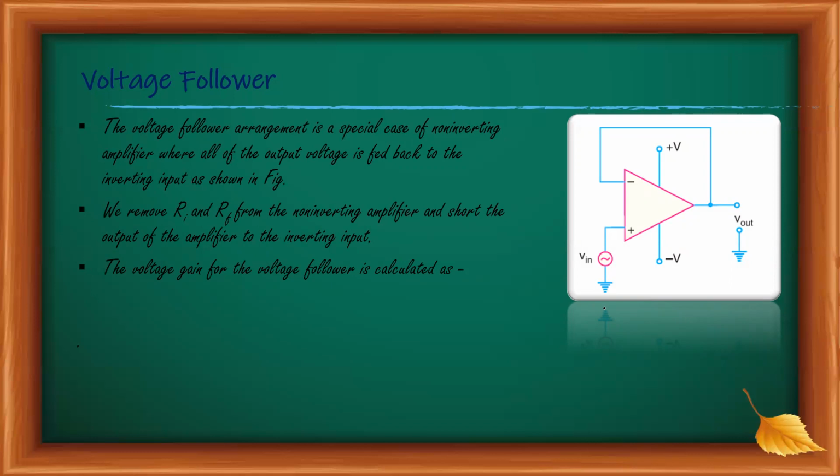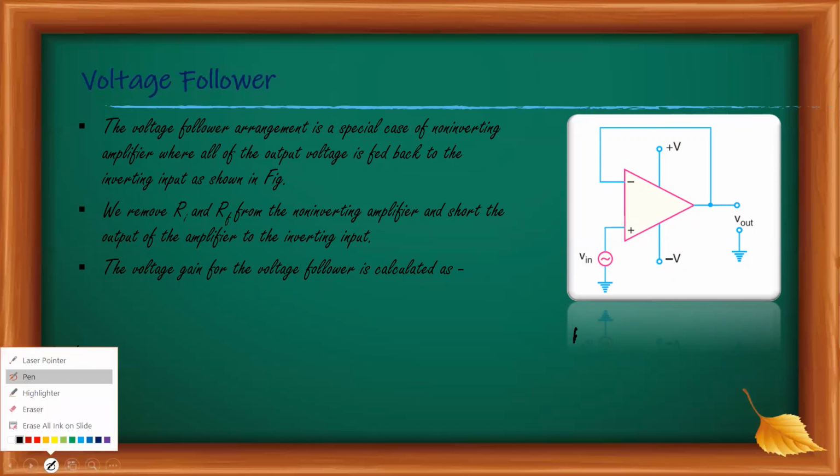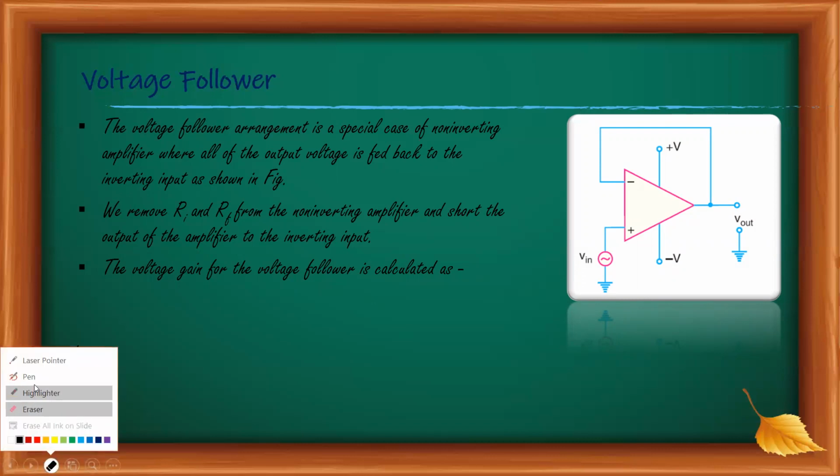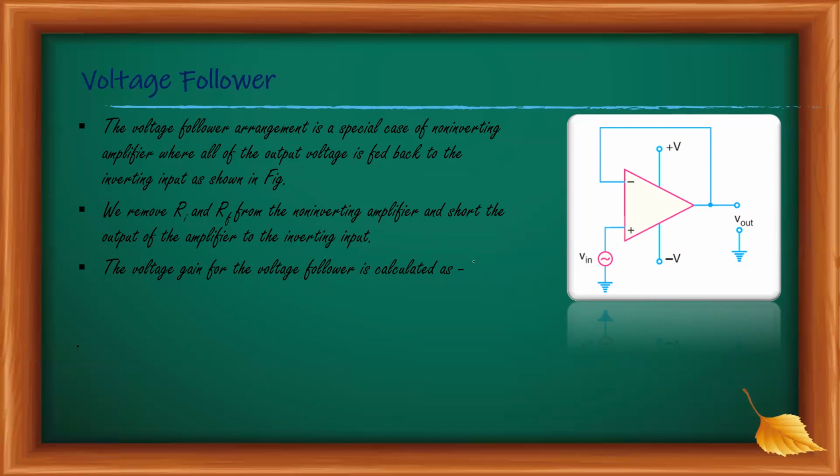So the voltage gain can be calculated. We know that the expression for voltage gain, that is AV is equal to 1 plus RF divided by RI.